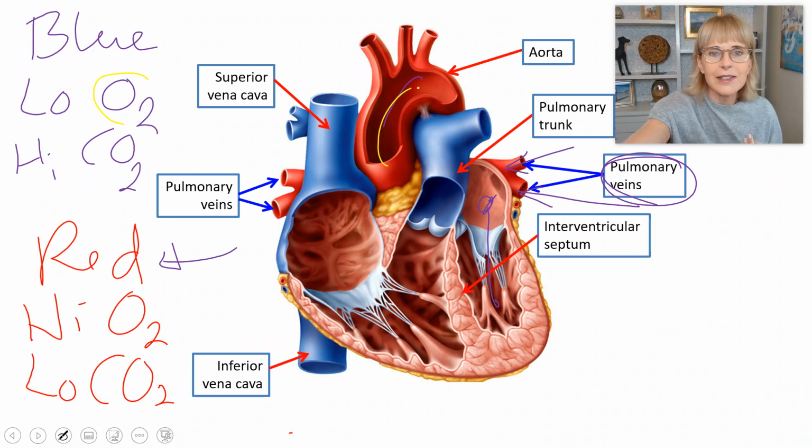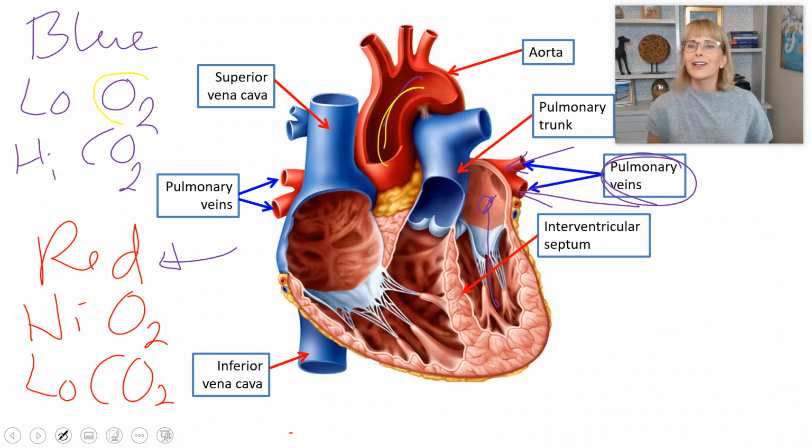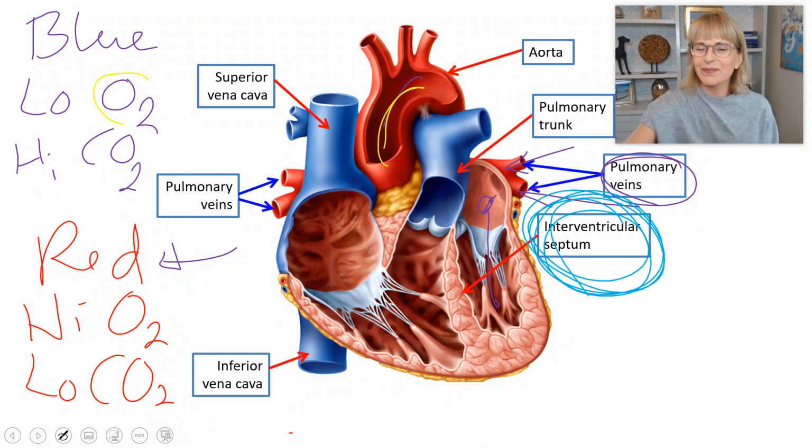And you can't see that here because the structure of the heart's real complicated. It's simple. That's why you really need to study it in lab this week. Okay, one more thing I wanted to tell you before I leave this slide, which is the interventricular septum.